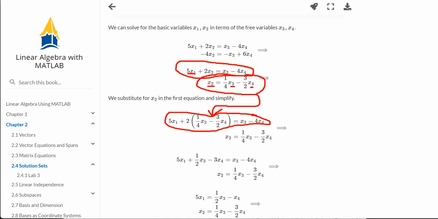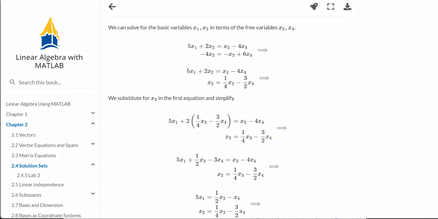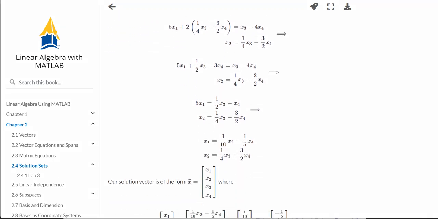All this algebra is shown in the online notes, so I'm not going to go through it, except to say that we end up with these solutions. We know that x sub 1 is equal to 1/10 of x sub 3 minus 1/5 of x sub 4, and so forth. So what does that mean for us?